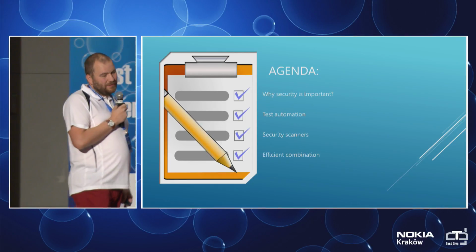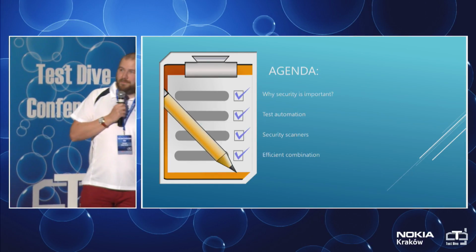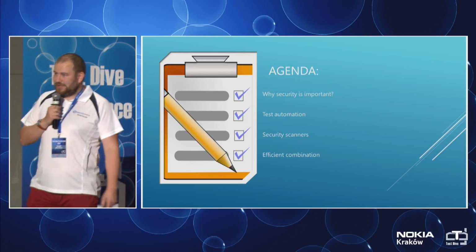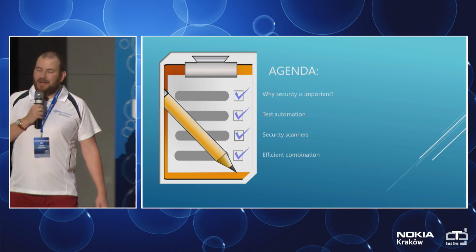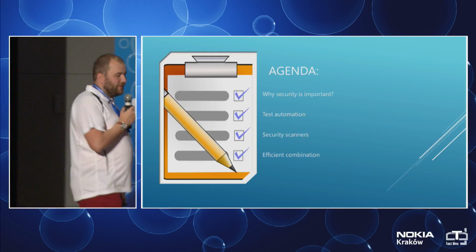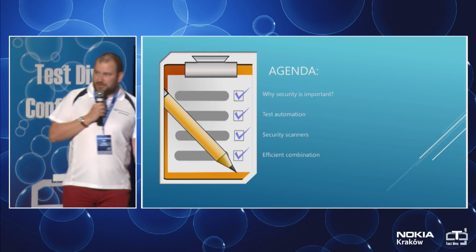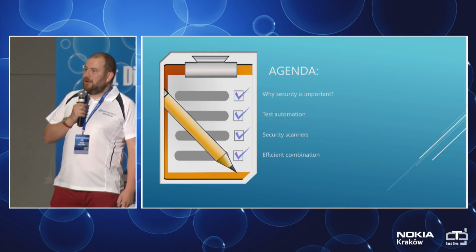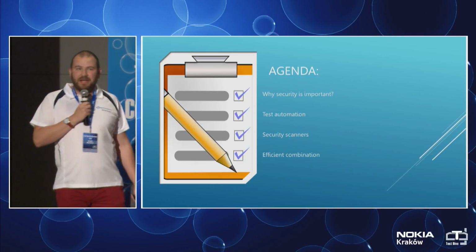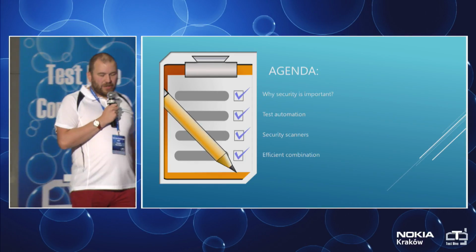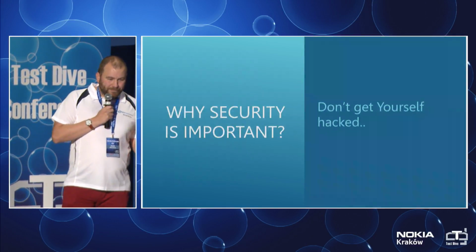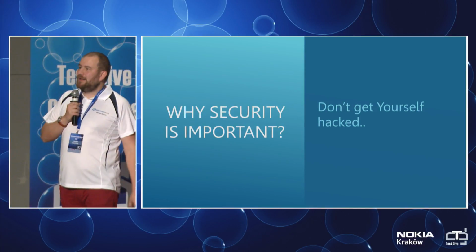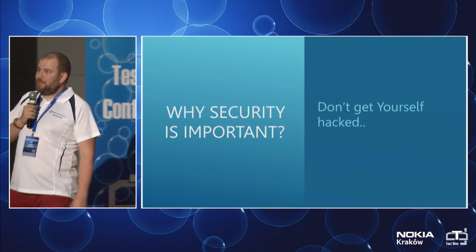And I will show you how to combine Selenium with the ZAP scanner to have it as a part maybe of your continuous integration environment, or just on a single machine at the functional testing or regression testing level. So the first thing, why security is so important.